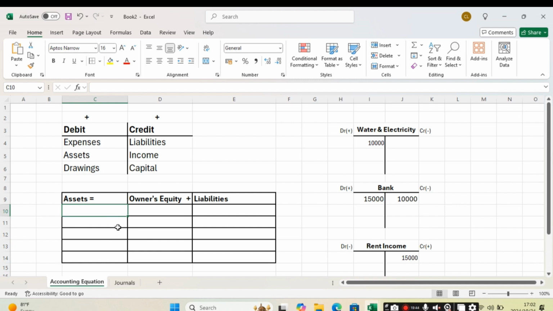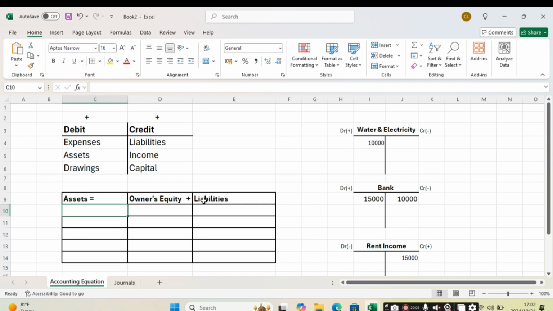So for the accounting equation, we have assets equal to owner's equity plus liabilities. I hope we all know this. Okay, so let's get straight into this. What do we have? Assets.